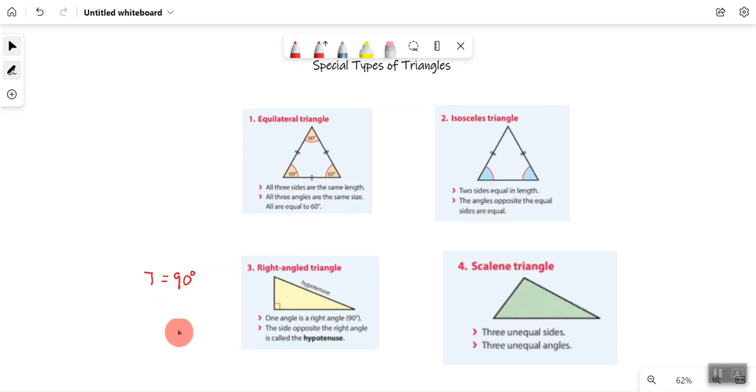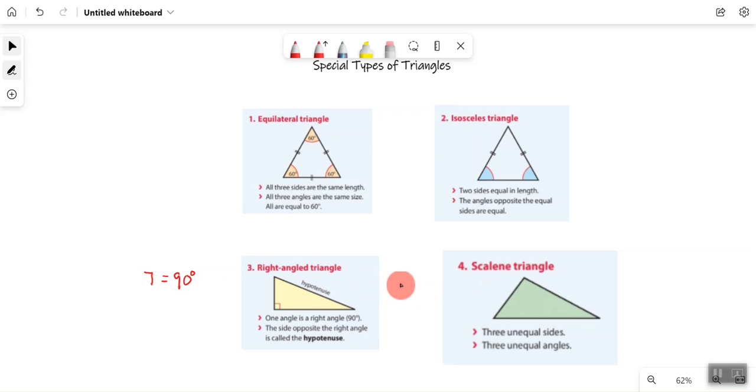The side opposite the right angle is called the hypotenuse. You have this angle here that's 90 degrees, we can see that by the symbol. And the length that's opposite this angle is called the hypotenuse. That's a word that you need to know. So it's fairly straightforward. That's a right angle triangle.